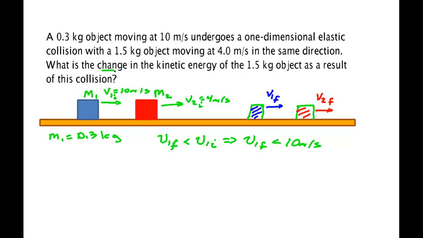It says, what is the change in the kinetic energy of the 1.5 kilogram object as a result of this collision? All right, so there are a couple of ways to work this problem. You can find V2F and subtract the kinetic energy it initially had, or equally you can solve for the kinetic energy that the blue block had and the kinetic energy it has at the end, and subtract that, because the energy that's lost by the blue block will be the energy that's gained by the red block.